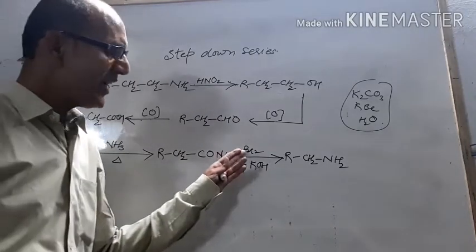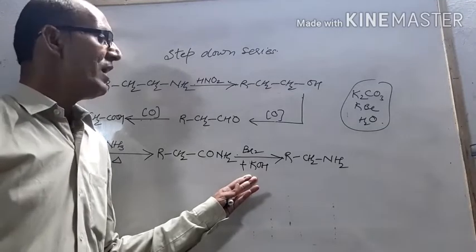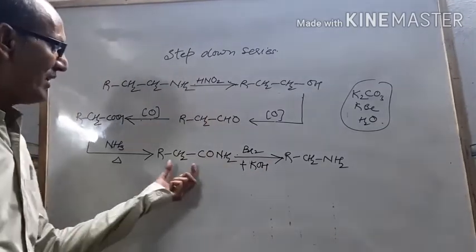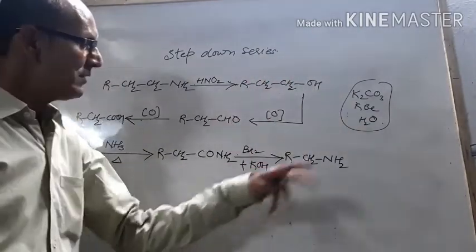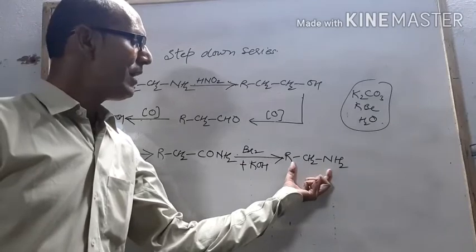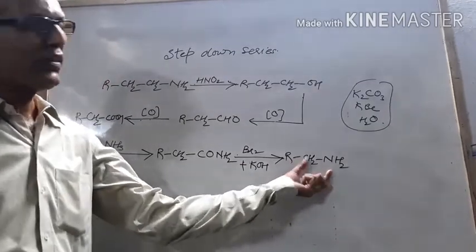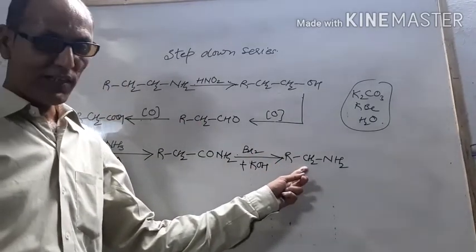Here we are writing Br2, KOH. You can also write just Hofmann bromamide reaction if you have short time. What will happen? This CO will be converted to carbonate, and in this way a primary amine will form with less number of carbons. Here we are seeing 2 carbons and here only 1 carbon we will get.